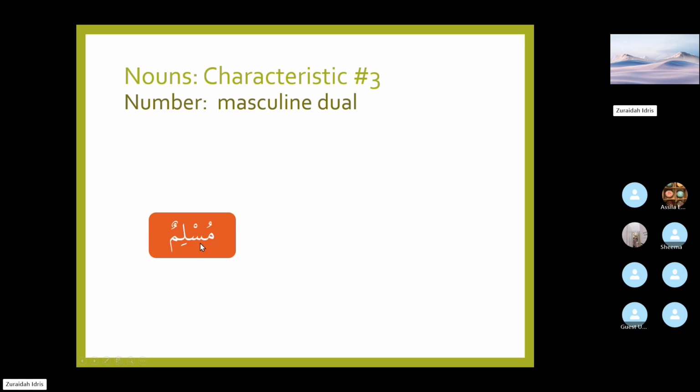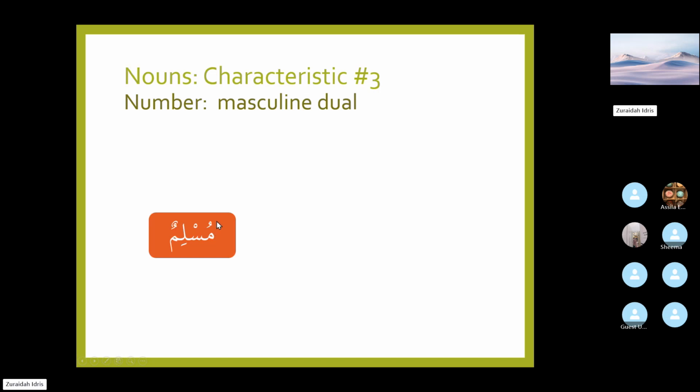Muslimun. So how do I change this to dual without changing the meaning? It should just mean two Muslims. That's all. But you see, there is a reason why there is this dhamma or dhammatain at the end of the word. It signifies something. In the Quran, you see words with dhammatain.